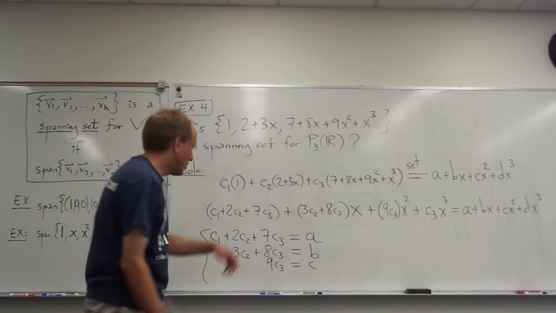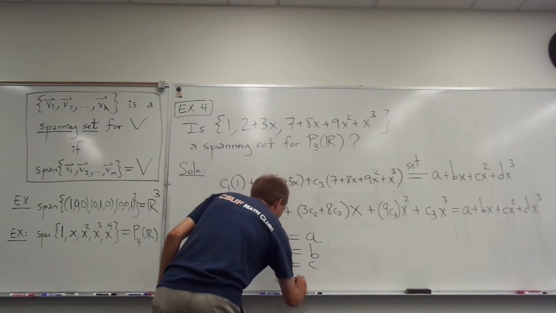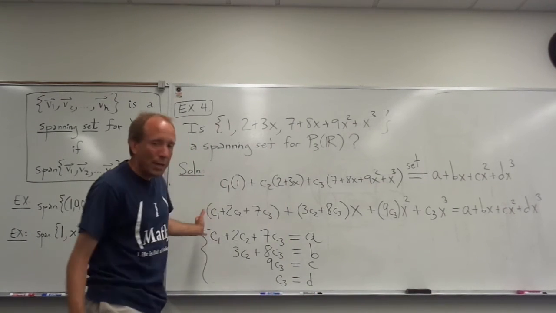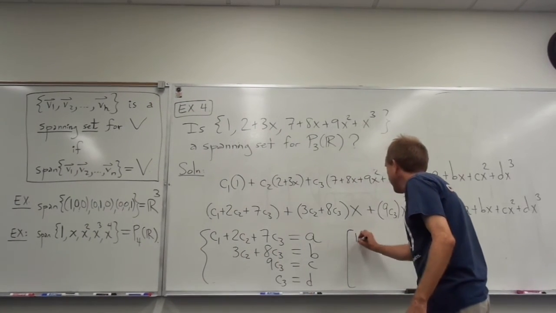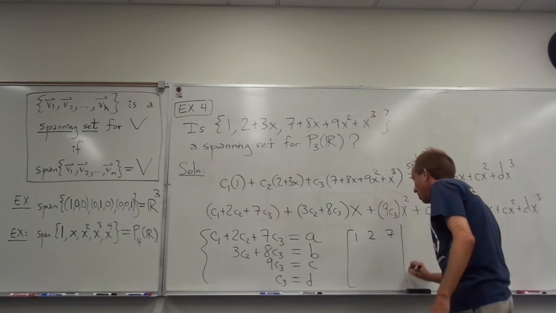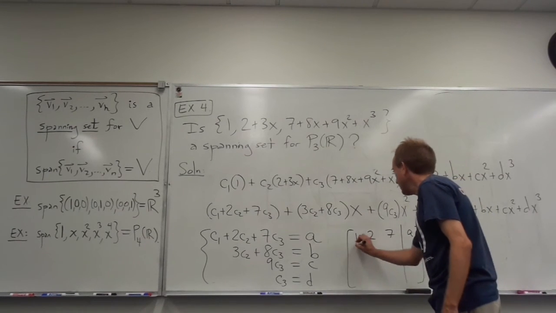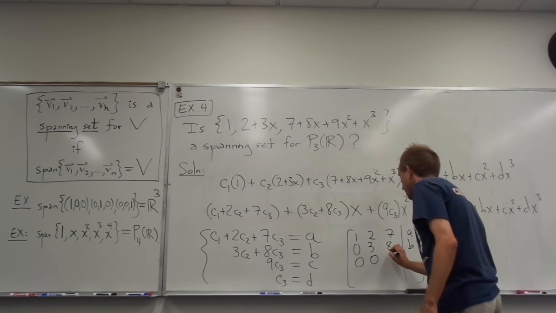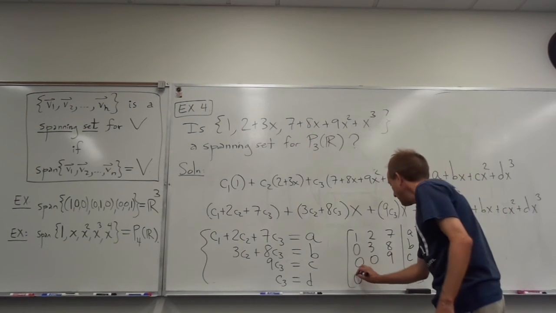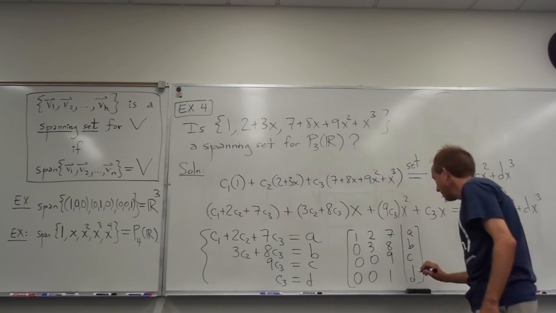And then the x cubed term, C3, has to equal d. You get another system of equations. You can put this into a matrix again: 1, 2, 7 augmented with a, and then 0, 3, 8 augmented with b, and 0, 0, 9 augmented with c, and 0, 0, 1 augmented with d.